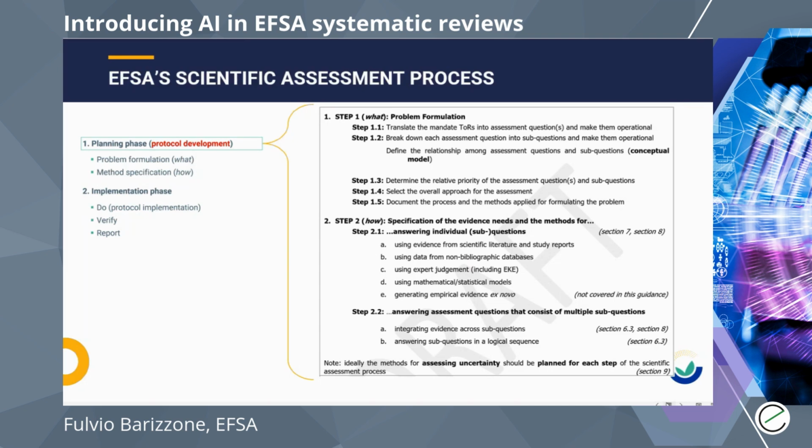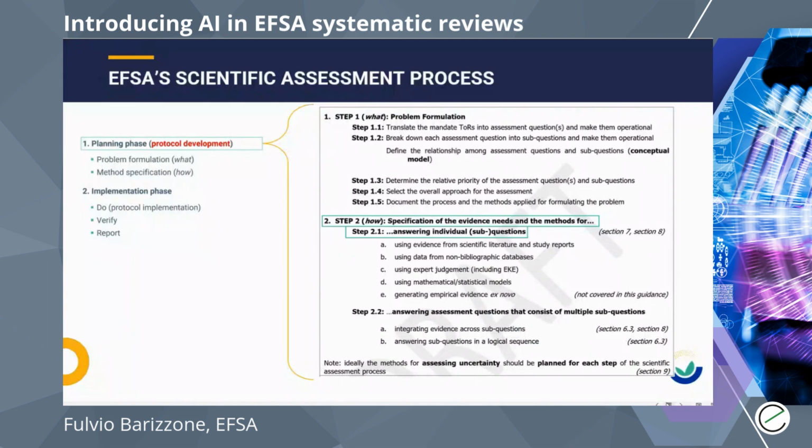So we try to translate the mandate ToR into questions and sub-questions, which are connected with a conceptual model. Then we need to specify how we are going to reply to those questions, so we specify the evidence needs and the methods for answering those individual sub-questions.